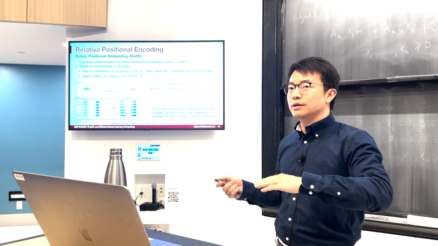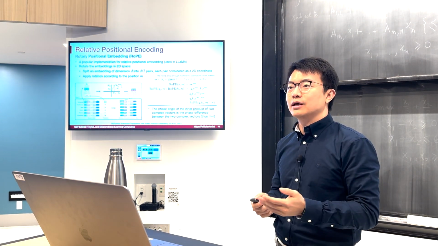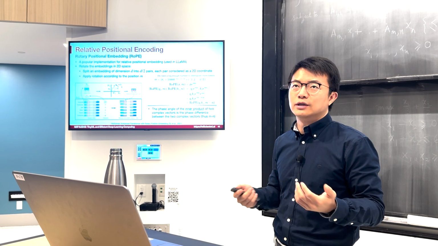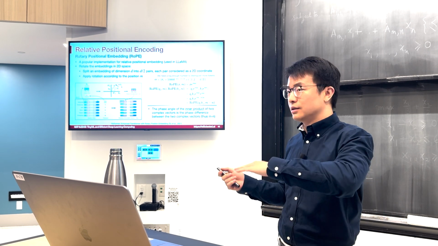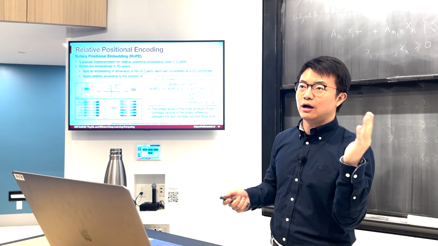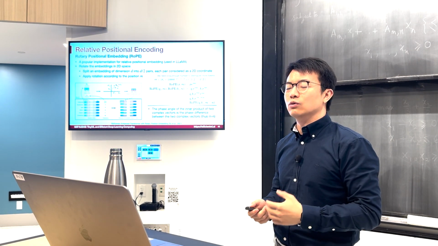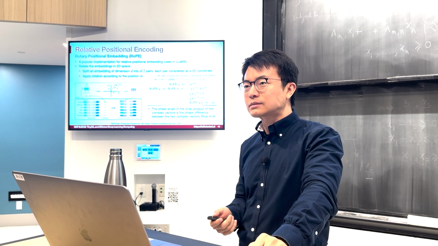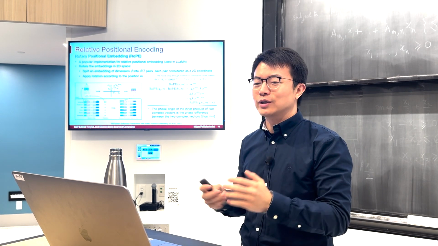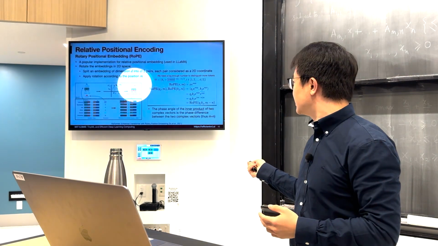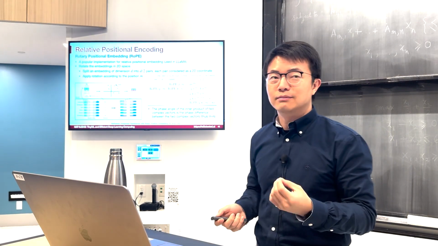You rotate by m theta, where m is basically your position, whether it's 0, 1, 2, or 10. If it is 10, that vector will be rotated by a larger angle. If it is 0, it will be rotated by a smaller angle. And the relationship between Q and K only depends on their relative location. It only depends on m minus n.